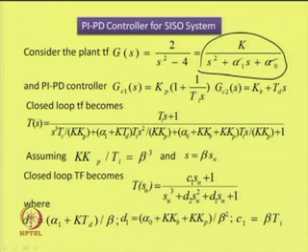Now, when alpha 1 becomes 0, we get a second order integrating process. When alpha 1 equal to 0 and alpha 0 equal to 0, we get second order integrating process. Depending on the values of k also, we get the plant dynamics to be stable or unstable, but we shall assume a positive k for all the cases.